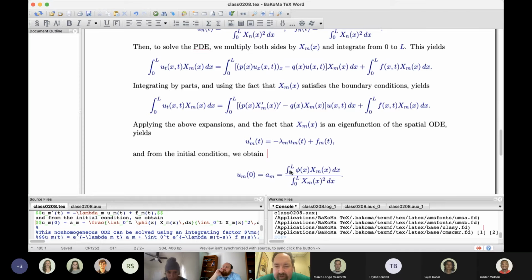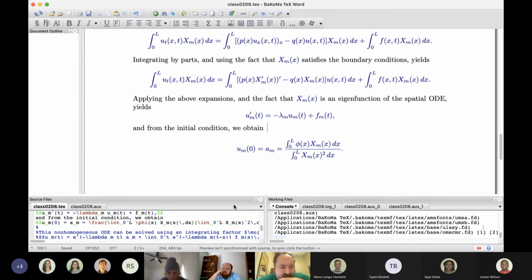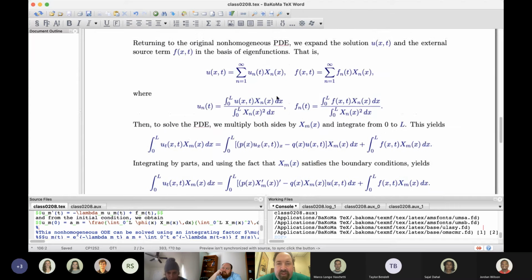So u_m of 0 comes from the same expansion applied to the initial data. So I need to expand that in my basis of eigenfunctions also. So now I just need to solve this. And once I do, I plug it back in here, and I'm done. That's the solution to my original problem.